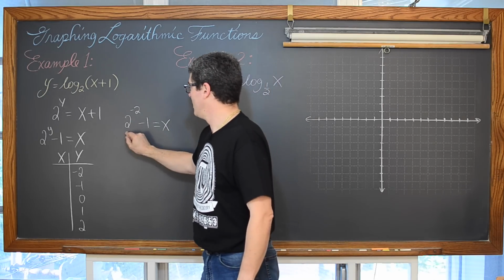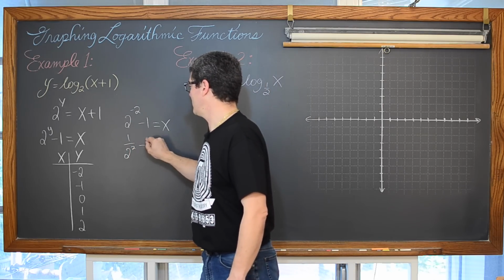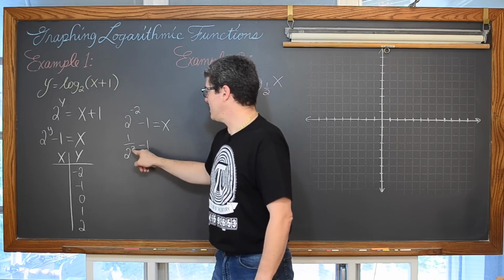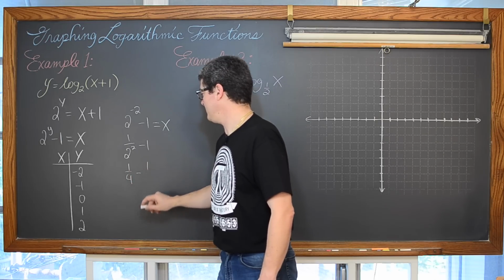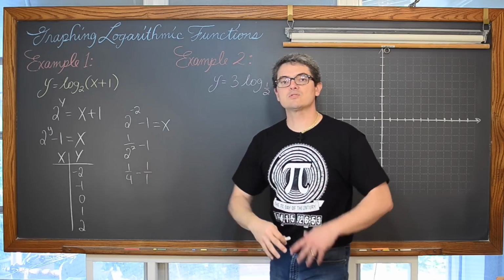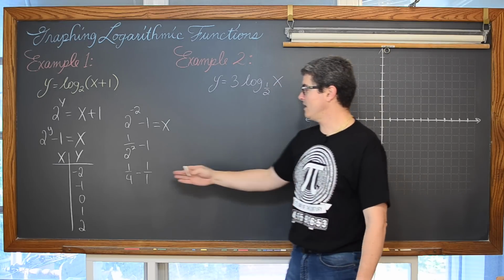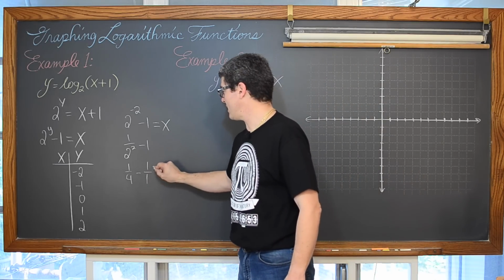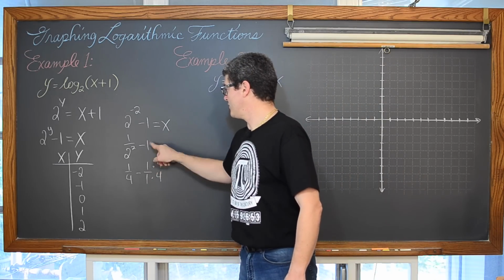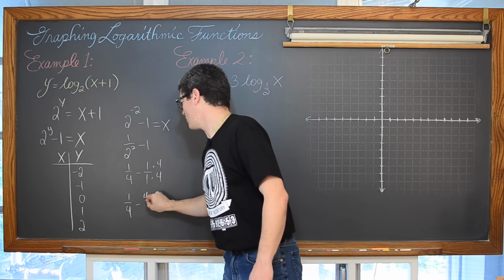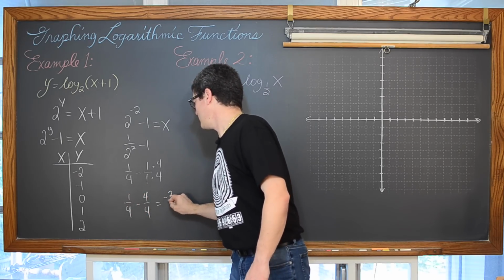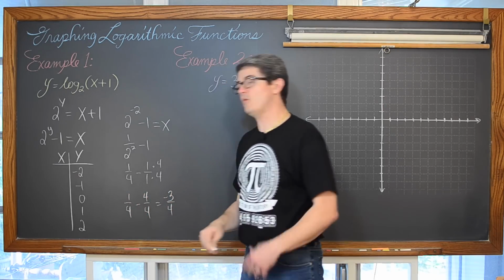But this will be 1 over 2 squared, minus 1. 2 squared, of course, is 4. So now we're looking at 1/4 minus 1. When you start dealing with fractions, you should make everything look like a fraction. So we need a common denominator. We're going to multiply the numerator and denominator of this 1 by 4. So we have now 1/4 minus 4 over 4, which is equal to -3/4.